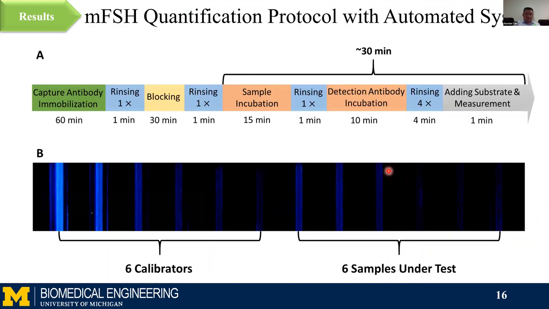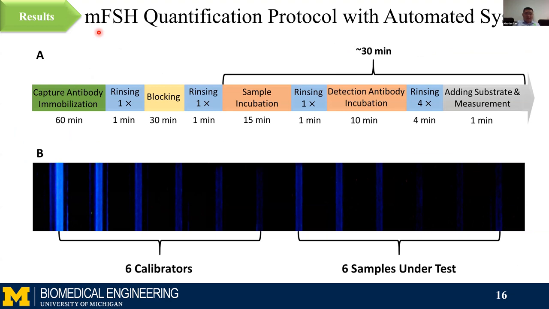In the first few years we had this system, we never tried to use it for clinical applications. We were basically measuring biomarkers in small animals, for example, the mouse follicle stimulating hormone.